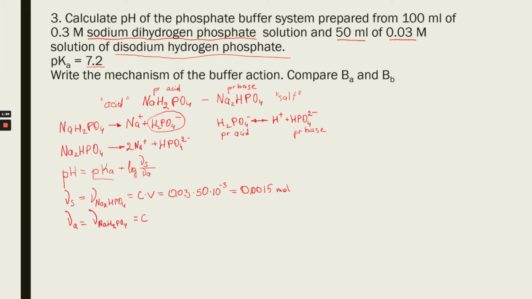It's equal as well to C multiplied by V, so the concentration 0.3, the volume is 100 milliliters, so we convert it to liters, it's 10 power minus 3, and we get 0.03 moles.